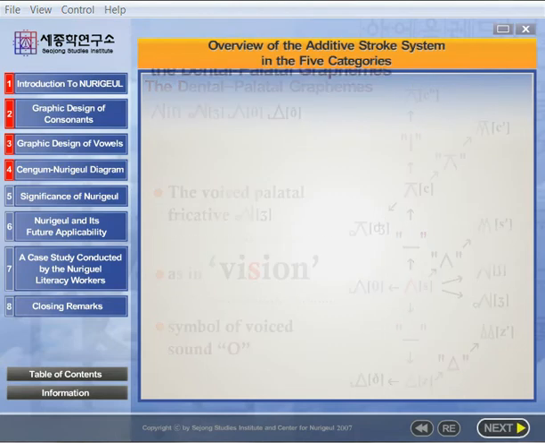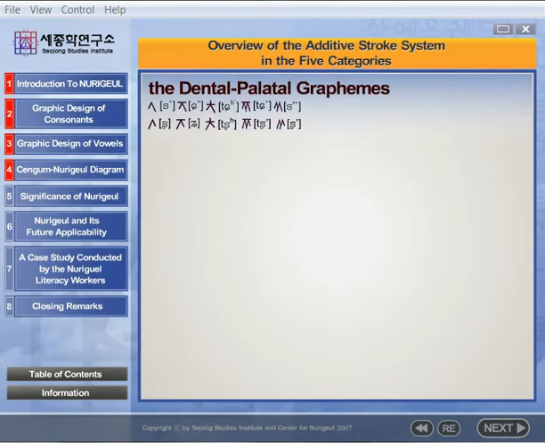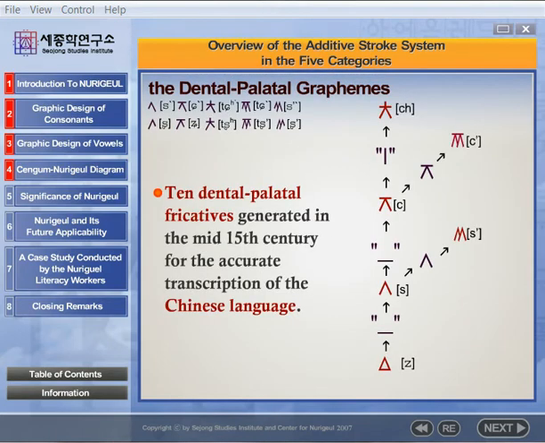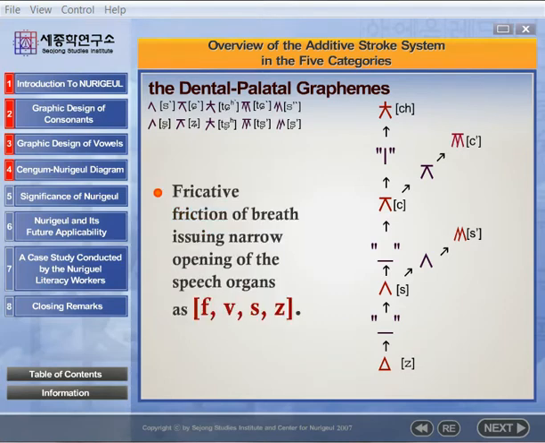Additive stroke system of the dental palatal graphemes. There are 10 more dental palatal fricatives generated in the mid-15th century for the accurate transcription of the Chinese language. Fricative refers to a sound produced by the friction of the breath issuing through a narrow opening of the speech organs, as f, v, s, z.